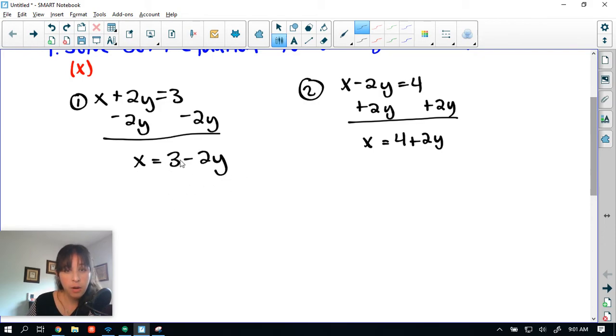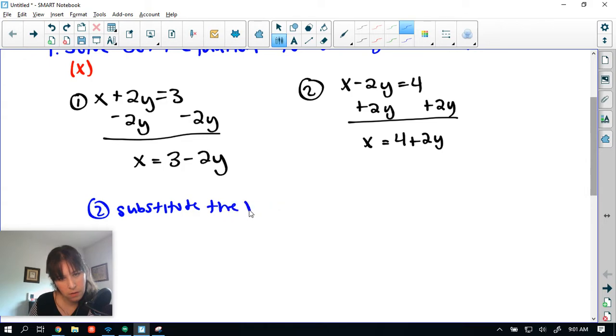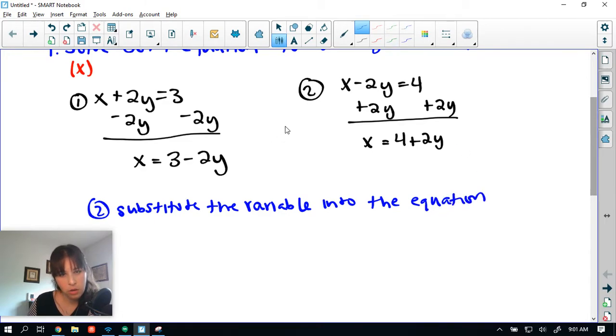All right, so now, step 2, substitute the variable into the equation.